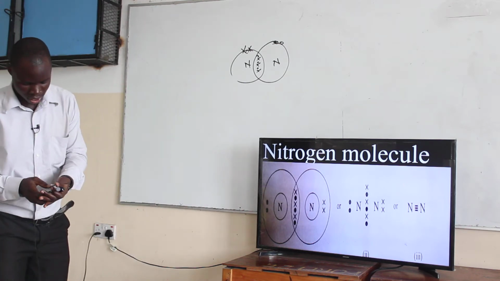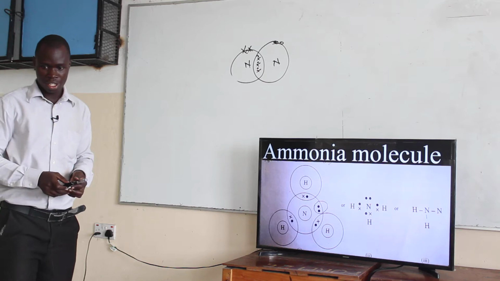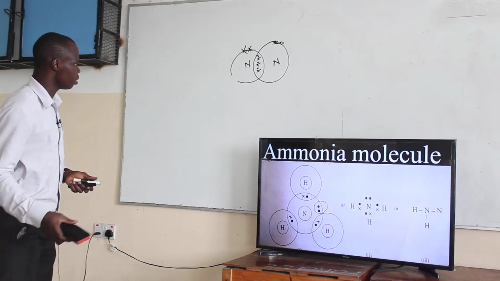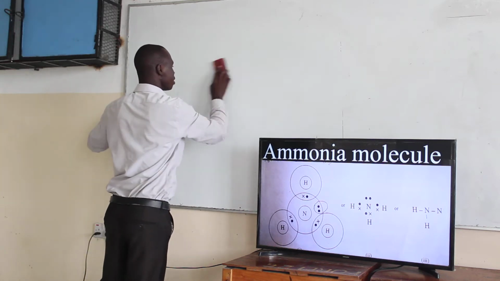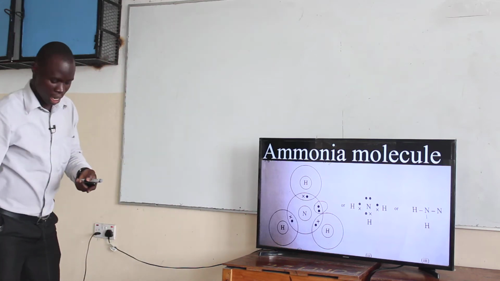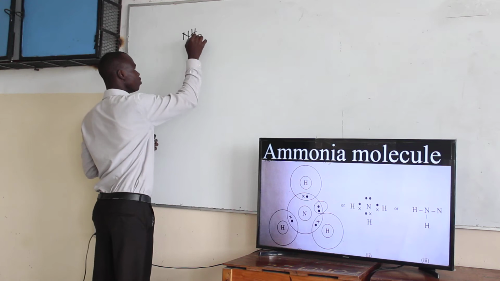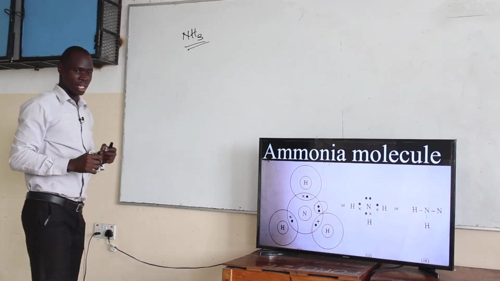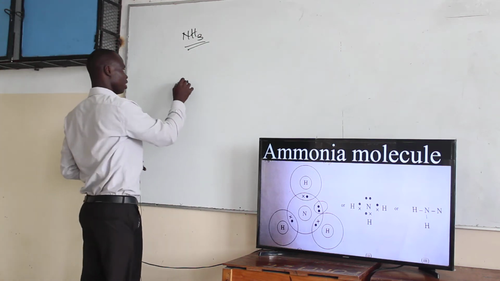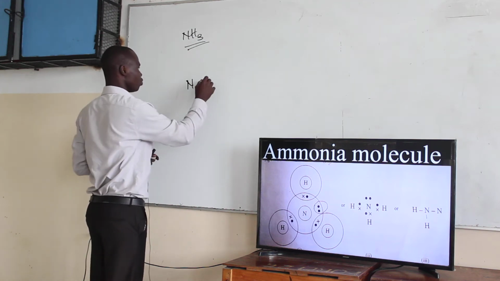Now, to the next example, we are going to talk about ammonia. Ammonia is a gas, and ammonia is written as NH3. That means we have 1 nitrogen and 3 hydrogen.